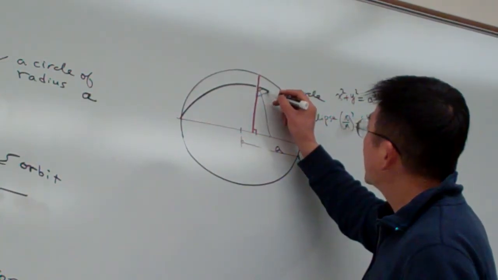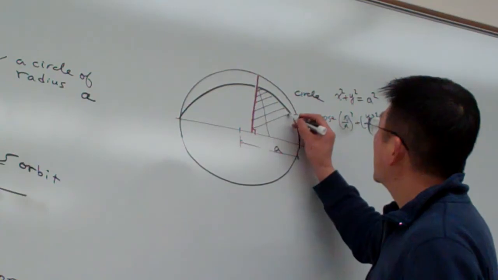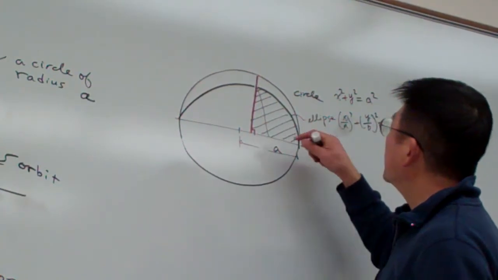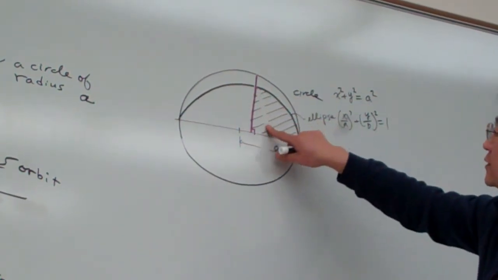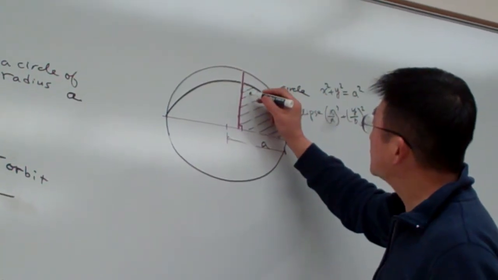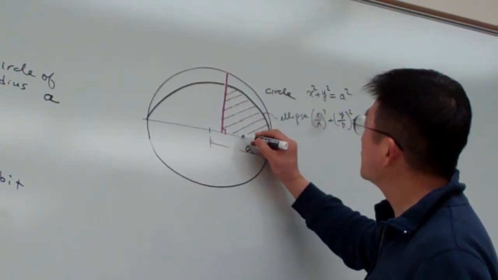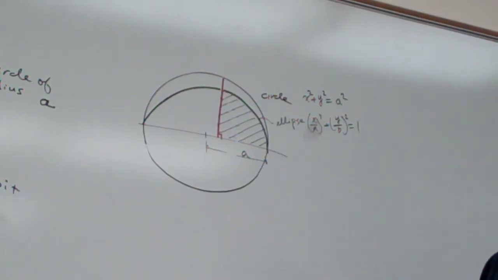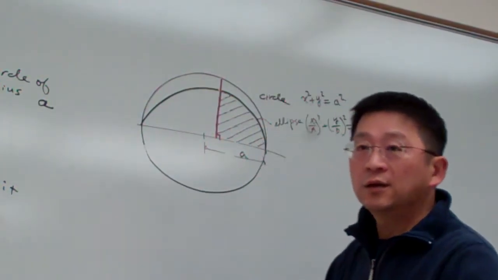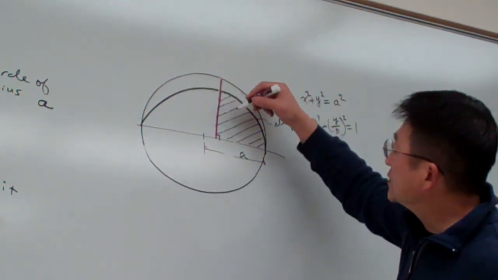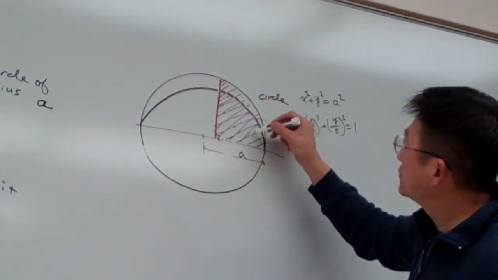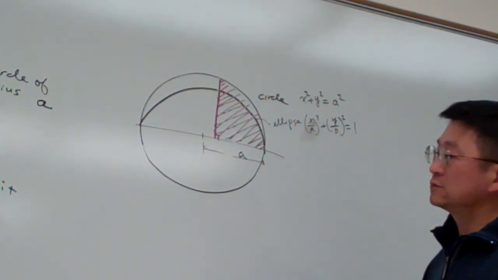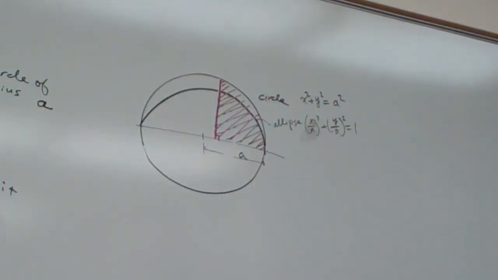This area is the area corresponding to the shape on the ellipse, and this area corresponds to the circle.